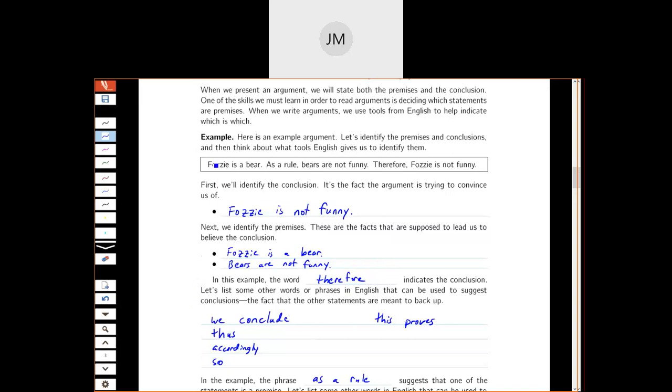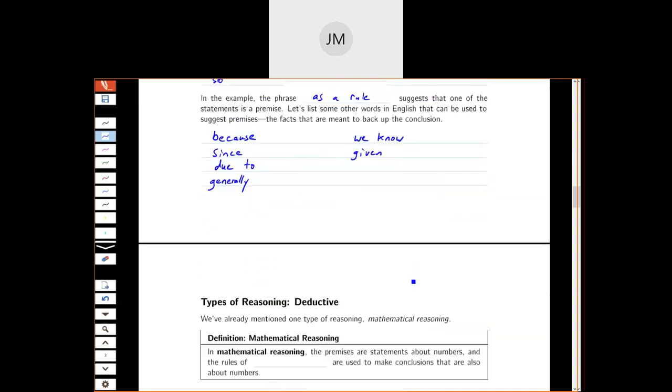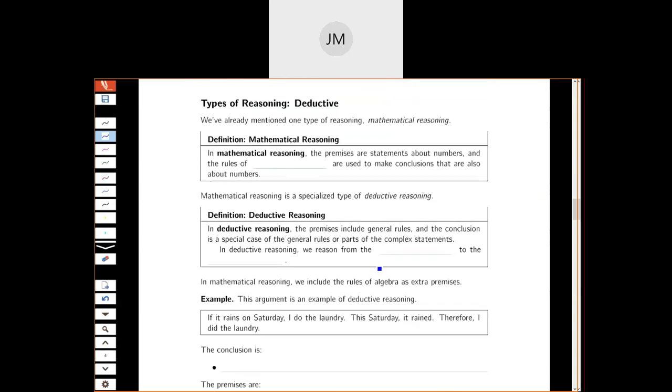"Fozzie is a bear" could be the conclusion of a different argument, but we already know what the conclusion is here, so it's going to be the premise.